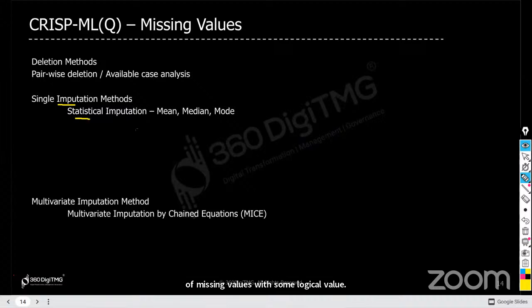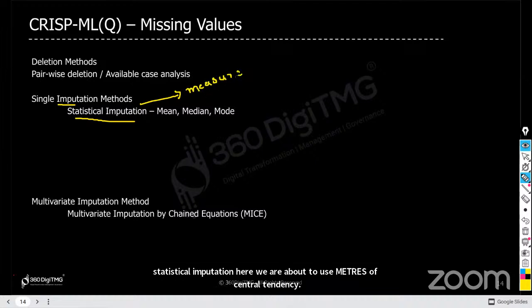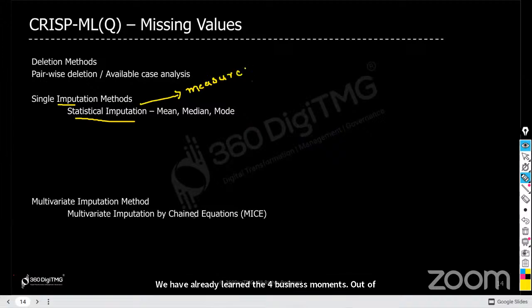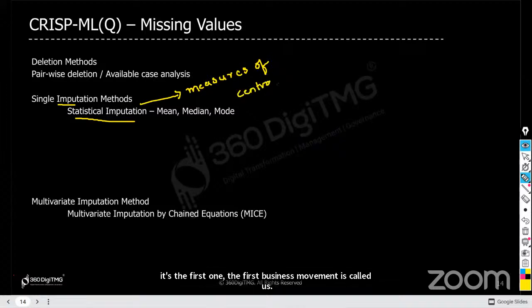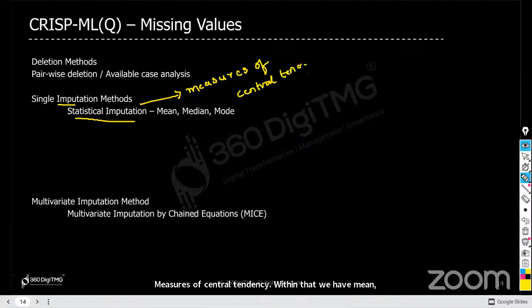Under statistical imputation, we are about to use measures of central tendency. We have already learned the 4 business movements, out of which the first is called measures of central tendency. Within that, we have mean, median, and mode.